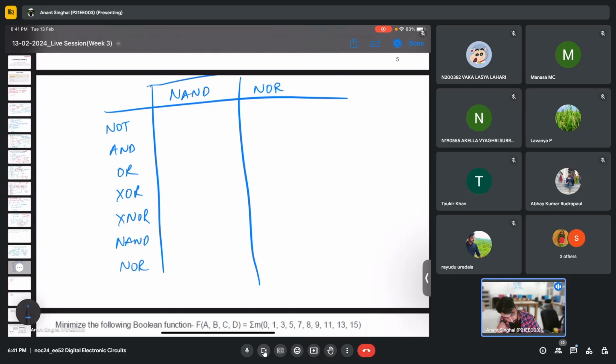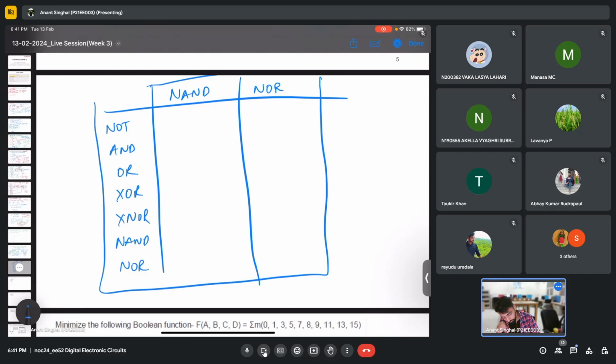You can remember this table for shortcuts. The minimum number of NAND gates are 1, 2, 3, 4, 5, 1, 4, and here it is 1, 3, 2, 5, 4, 4, 1.